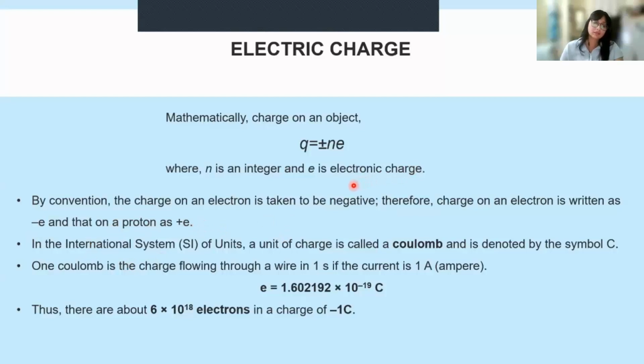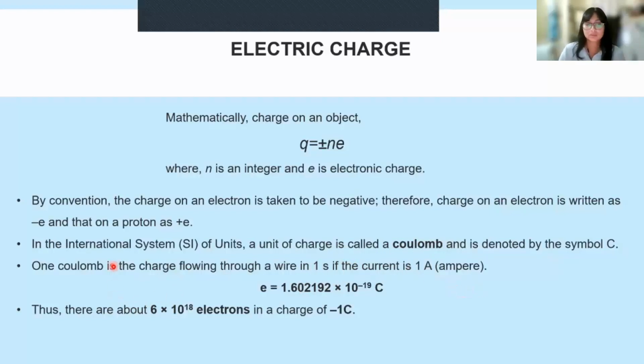Any quantity, we try to give it a unit. The unit of charge is the Coulomb, denoted by the symbol C. So how do we define 1 Coulomb? 1 Coulomb is the charge flowing through a wire in 1 second if the current is 1 ampere.